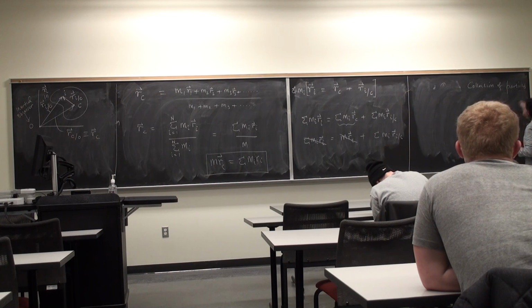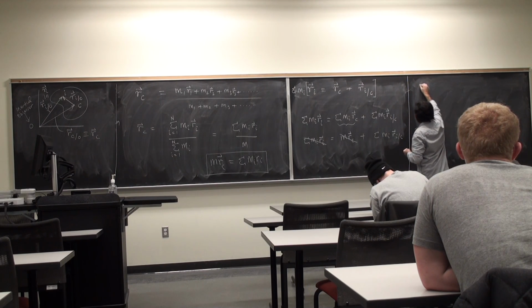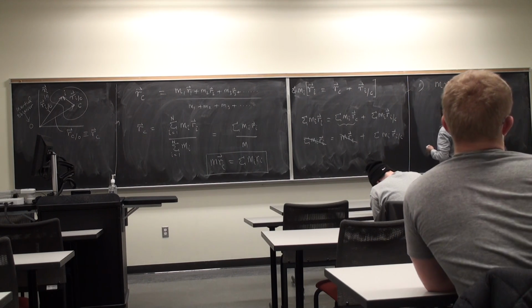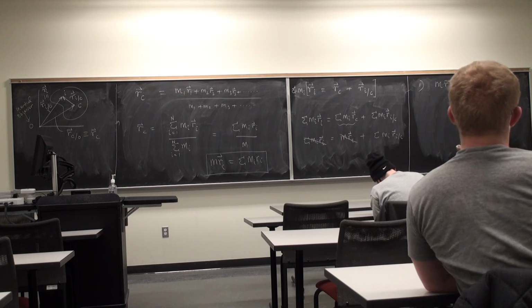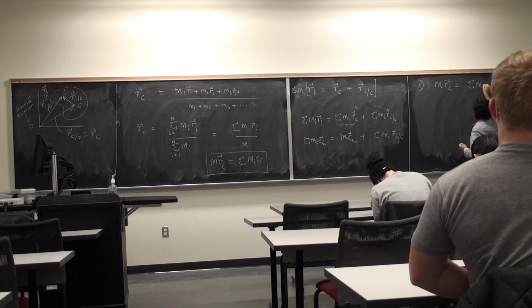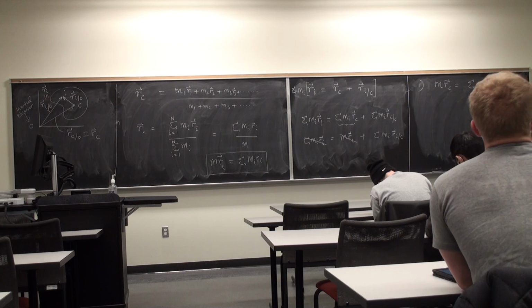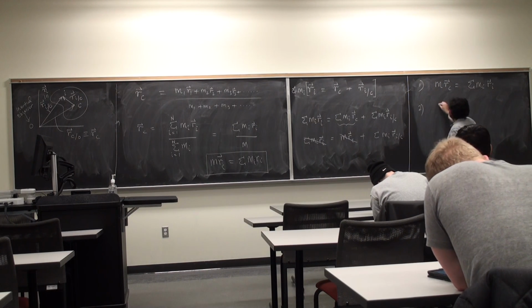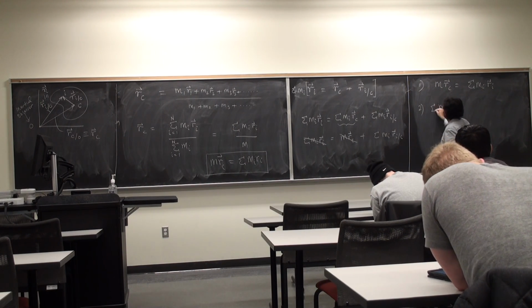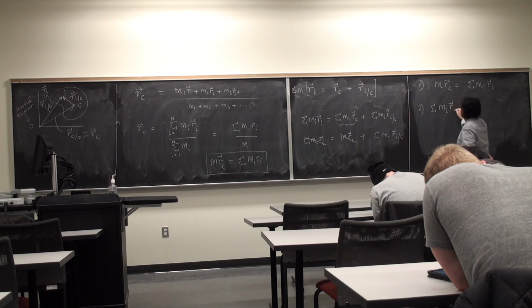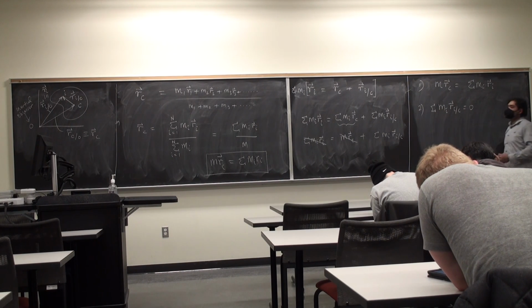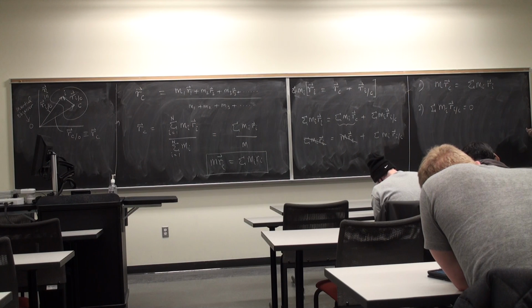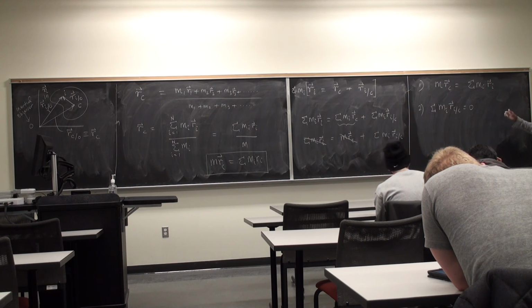So the first thing we want to write, and we want to collect all these results, is that m times Rc is summation Mi Ri. The second result is summation Mi Ri/C is 0. Which means if I take this expression and I differentiate it, and my mass is constant all the time, summation of Mi Ri/C dot is also 0.